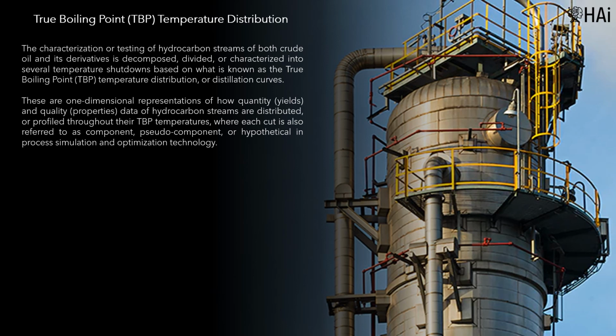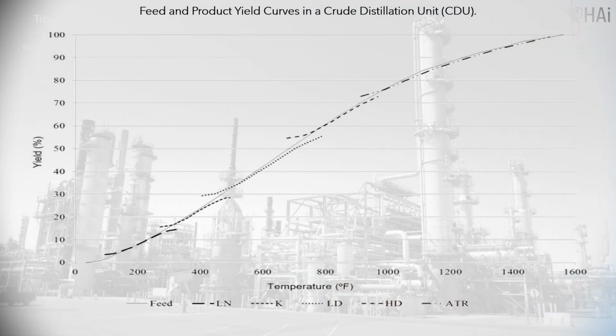These are one-dimensional representations of how quantity, yields, and quality, properties, data of hydrocarbon streams are distributed, or profiled throughout their TBP temperatures, where each cut is also referred to as component, pseudo-component, or hypothetical in process simulation and optimization technology. If we compare a CDU's crude oil feed distillation curve with all its product distillation curves, it is interesting to see what are known as overlaps between the light and heavy adjacent products. This represents what is referred to as non-sharp or non-ideal fractionation.